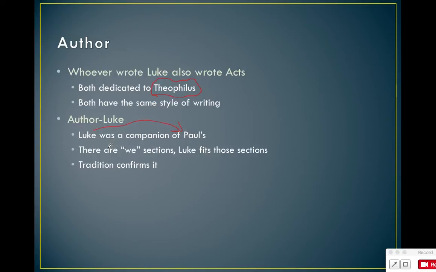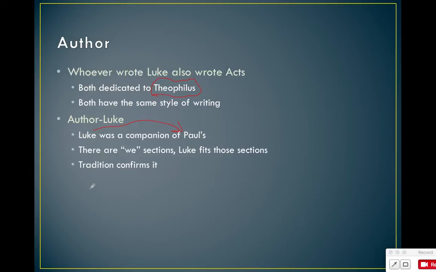In both Luke and Acts, we have what are called the we sections. Luke says, we went and did this, or we went here. He's talking about him and Paul, especially more in the book of Acts than in Luke, but he was a companion of Paul's. Like Mark, he traveled with them and would have heard the stories.